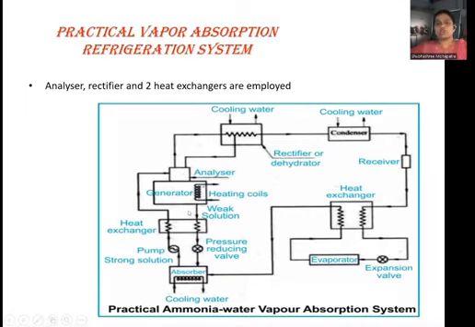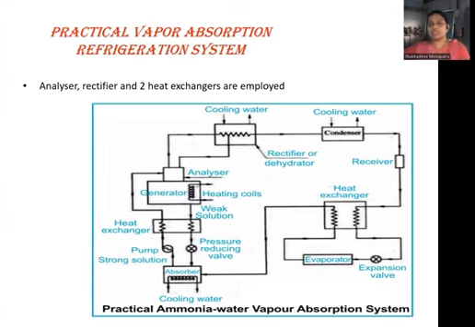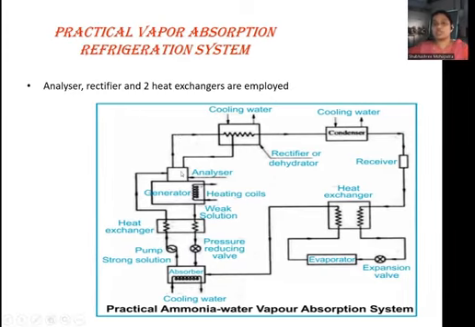At the generator, we are providing low-grade thermal energy, so the ammonia along with some moisture gets evaporated. When this moisture present in the refrigerant comes in contact with the low temperature strong solution coming from the analyzer, the moisture gets condensed and comes down to the generator.